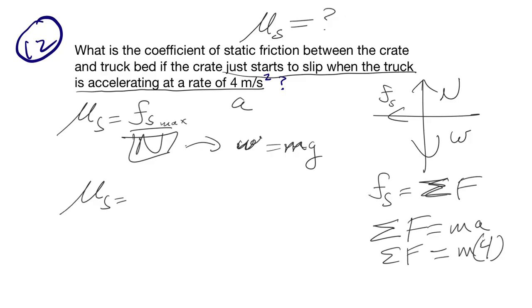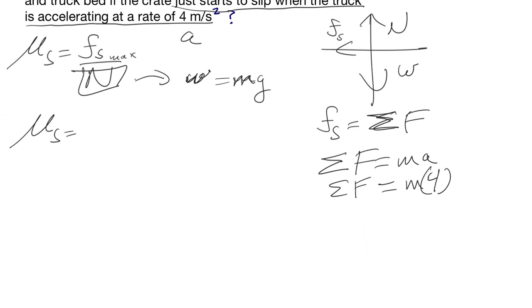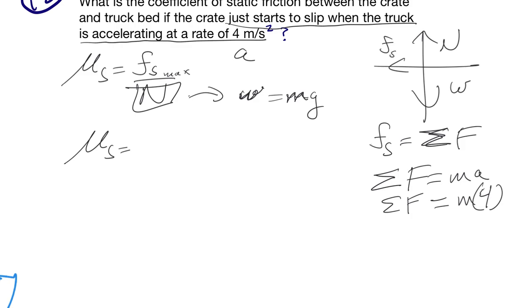Hopefully the mass will cancel out. Do they tell me the mass? No. Okay. So I can now say, static friction max over N is what mu is. Here's where it cleans up.